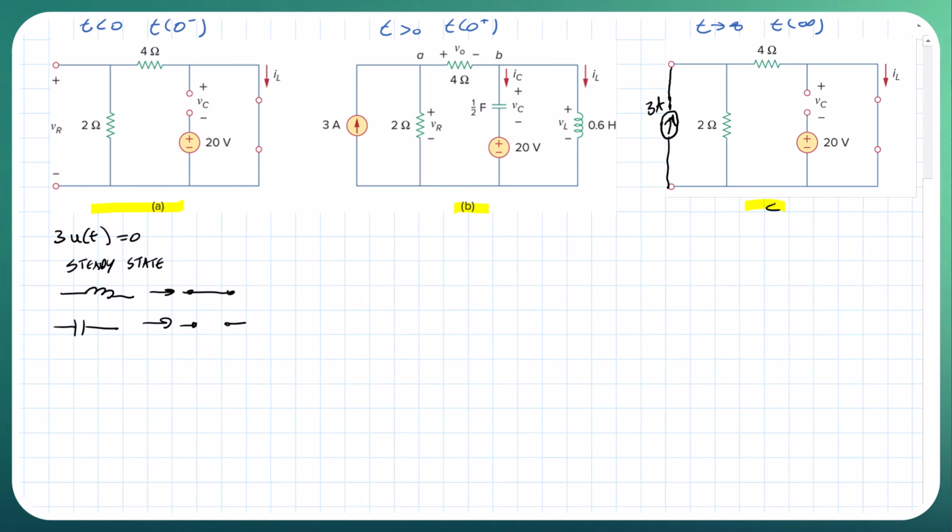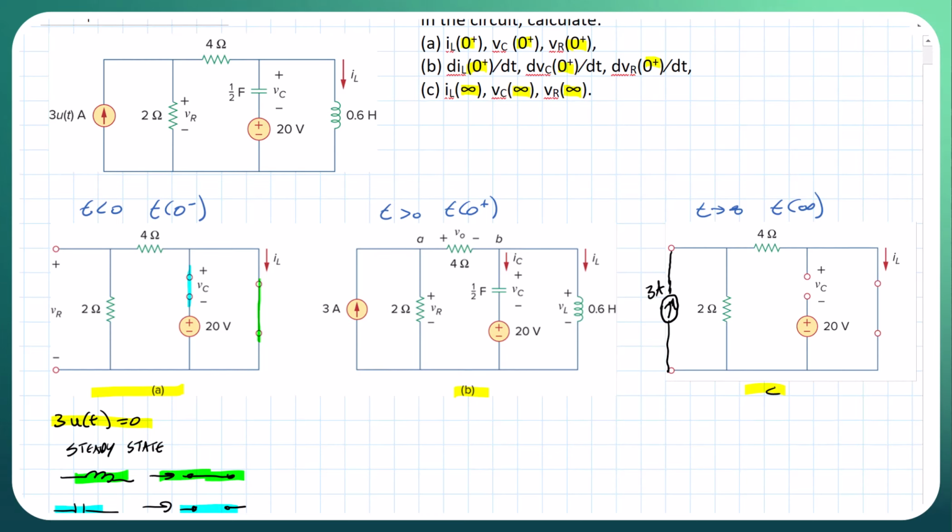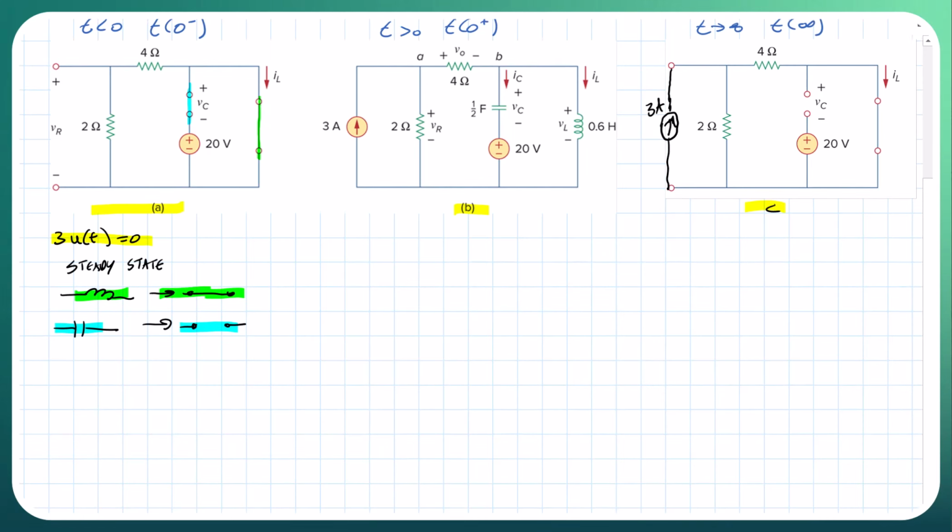That's essentially what we see here. Our 3u of t is going to be 0, so we come back up here, this is going to be 0, and we get that circuit there. So this is the equivalent circuit for t0 minus.